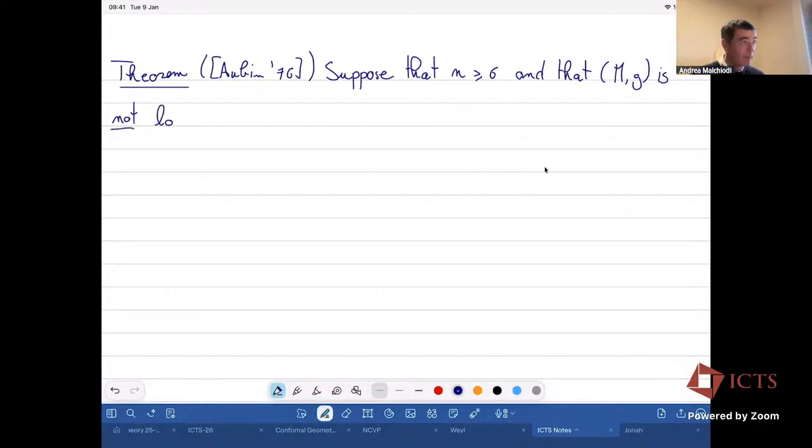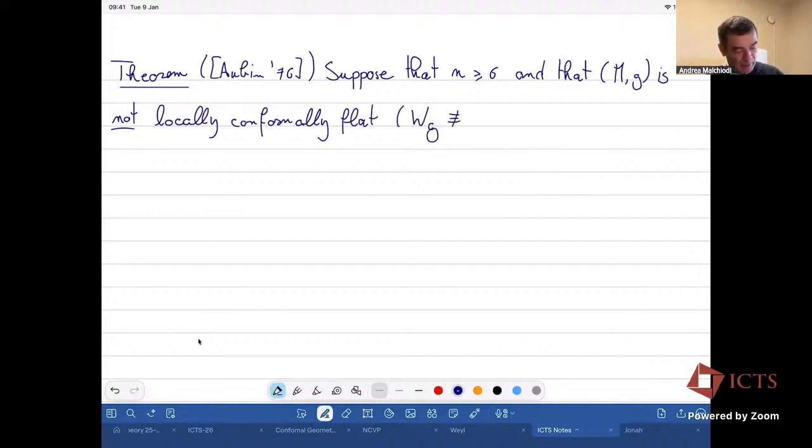So this means that the Weyl tensor is not identically equal to 0, okay, by the previous fact. Then we have the strict inequality: Y(M, g) is strictly less than Y(S^n, g_{S^n}).